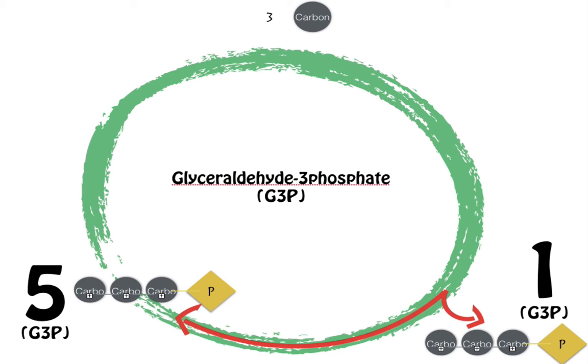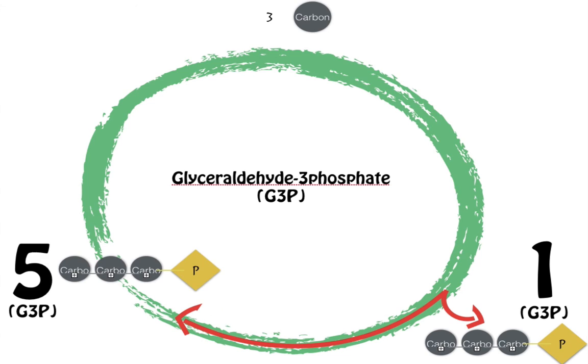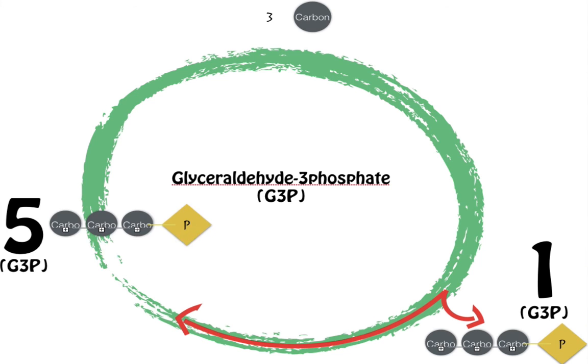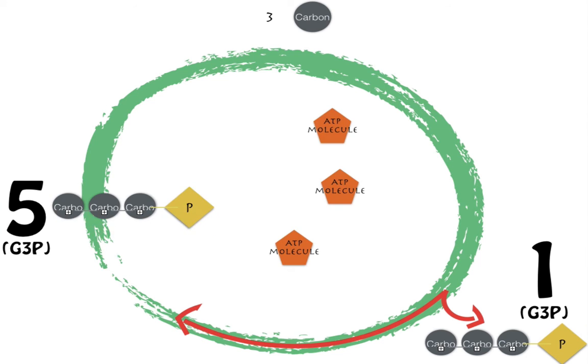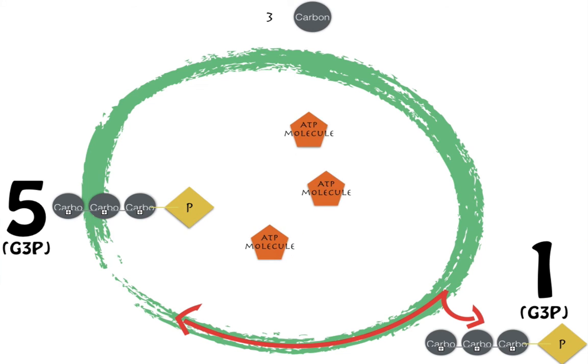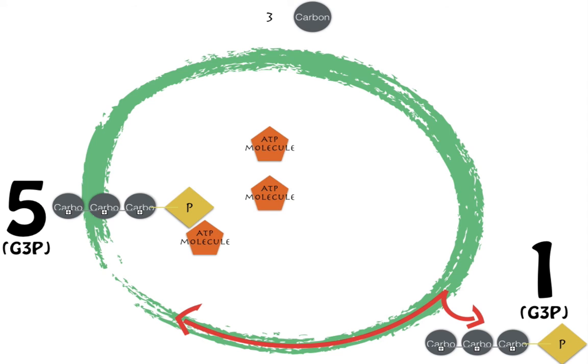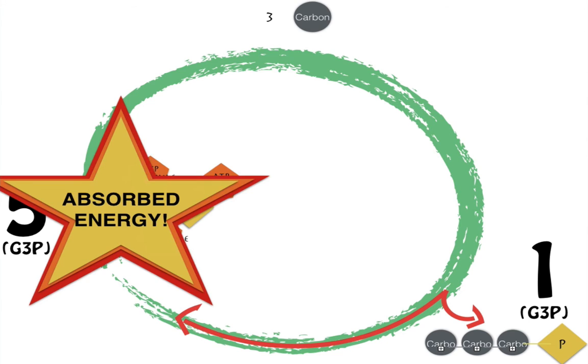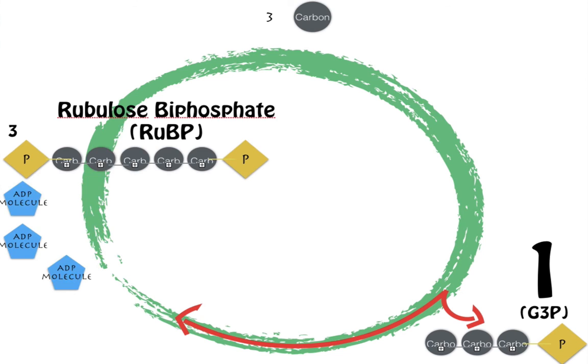So the rest, the 5 G3Ps, will continue on in the Calvin cycle. Look what's coming up next: more ATP molecules. These ATP molecules come to our G3P, the G3P absorbs that ATP, and it rearranges into, do you remember this guy? Ribulose biphosphate.